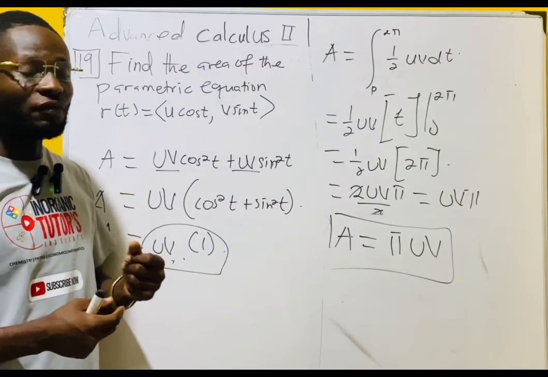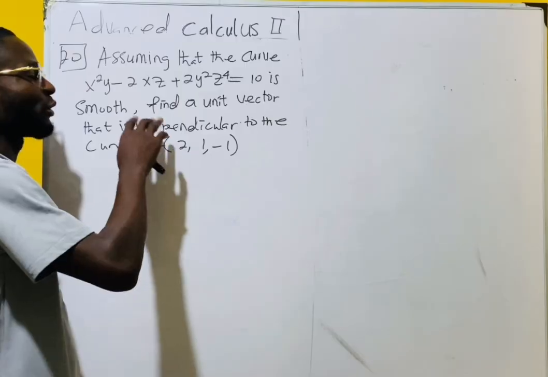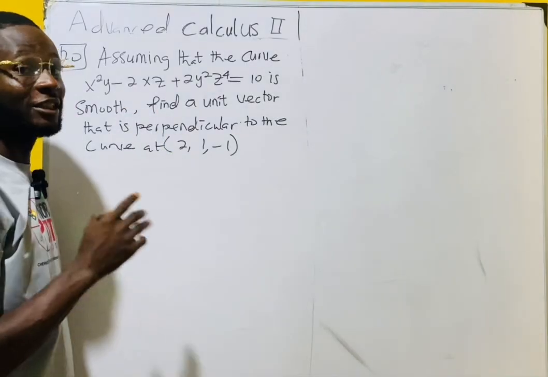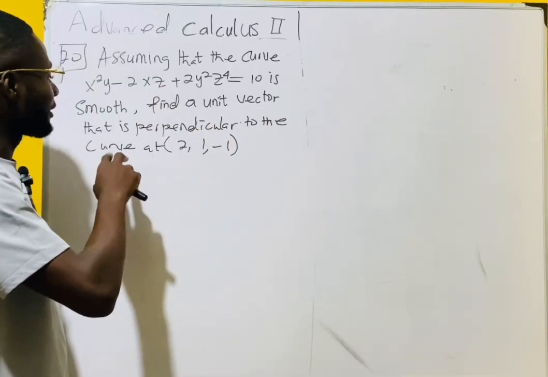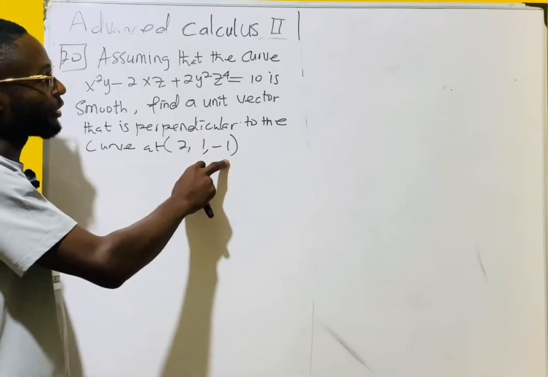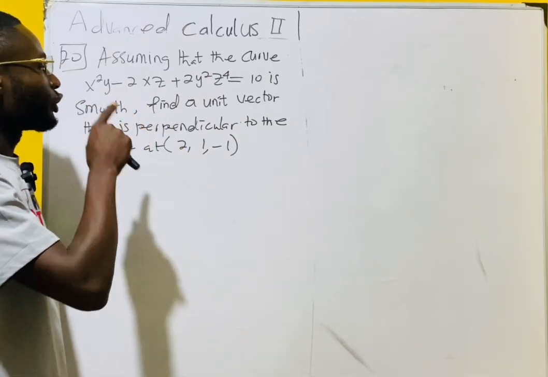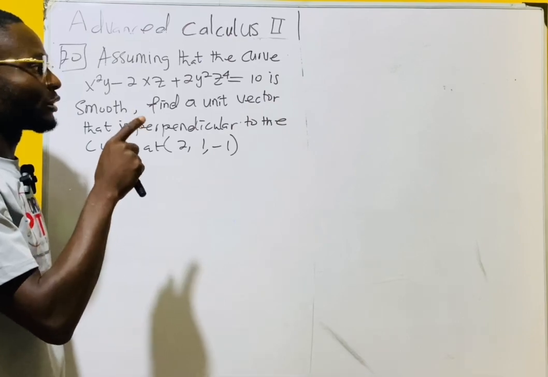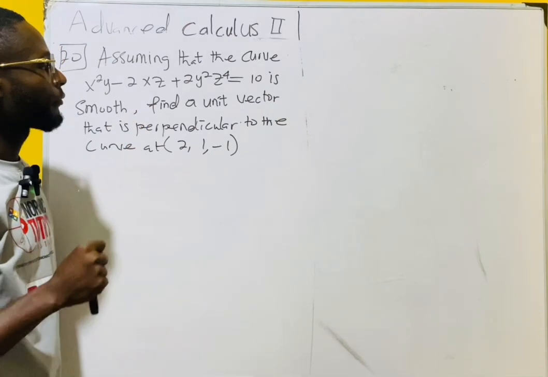Okay, now let's move on to question number 20, which is our last part of the question. With question number 20, you want to find a unit vector that is perpendicular to the curve at (2, 1, -1), assuming that the curve x squared y minus 2xz plus 2y squared z to the 4 equals 10.